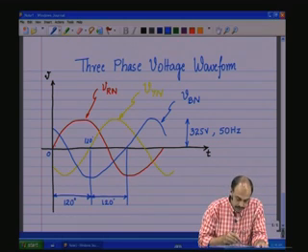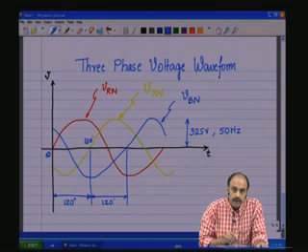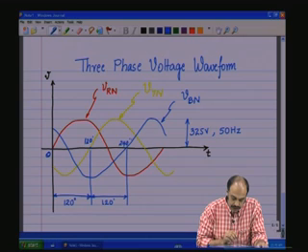So if you look here, the R phase waveform is starting from 0, the Y phase waveform is starting with, let us say, crossing 0 120 degrees away from the R phase waveform, and the B phase waveform is starting or going positive, cutting across 0 at 240 degrees from the R phase waveform.